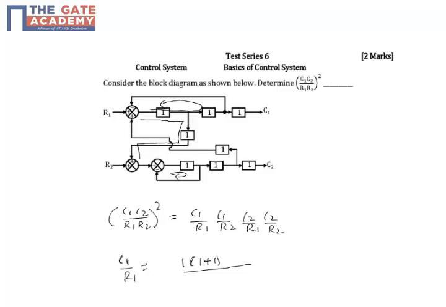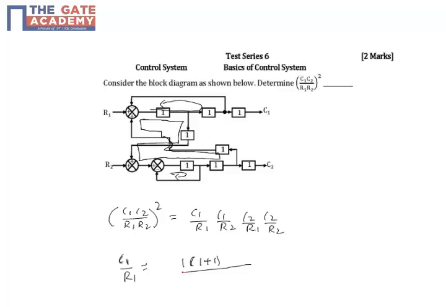It goes like this, comes like this, and then again like this. If you observe very carefully, you can see that the loop gain of this particular loop is equal to 1. So I have 3 loops here.